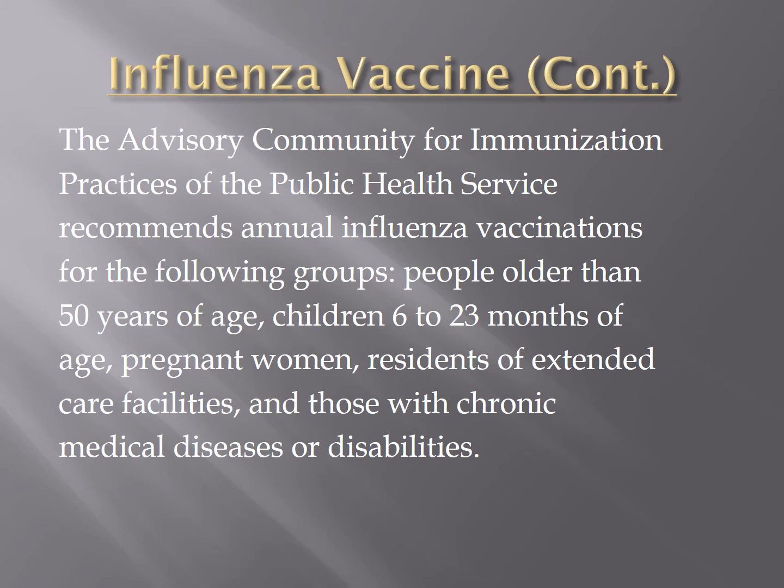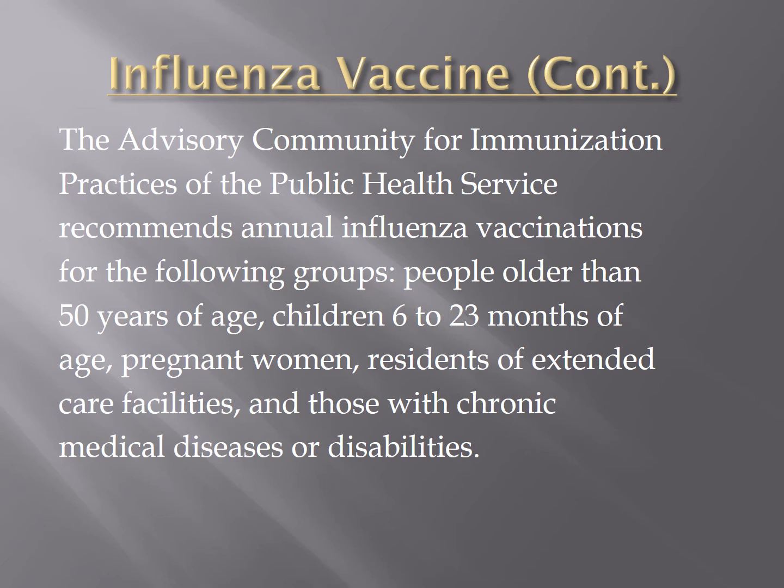So people who have asthma should be vaccinated in order to prevent infection from influenza. So older adults, those who are 50 years of age and above, children 6 to 23 months of age, pregnant women, residents of extended care facilities, and those with chronic medical diseases should be taking the vaccine every year.